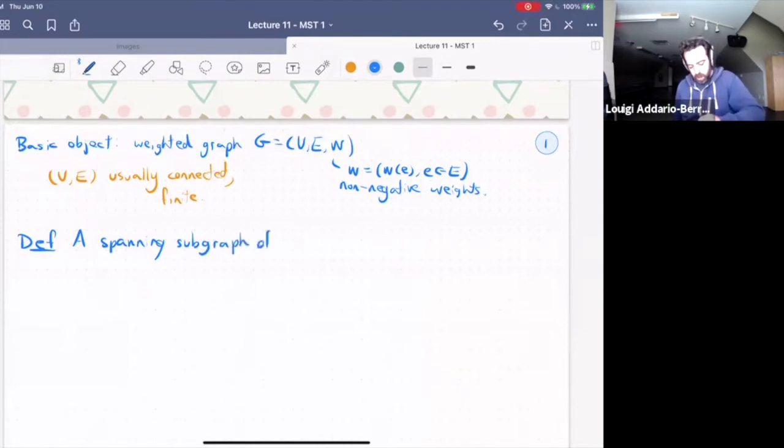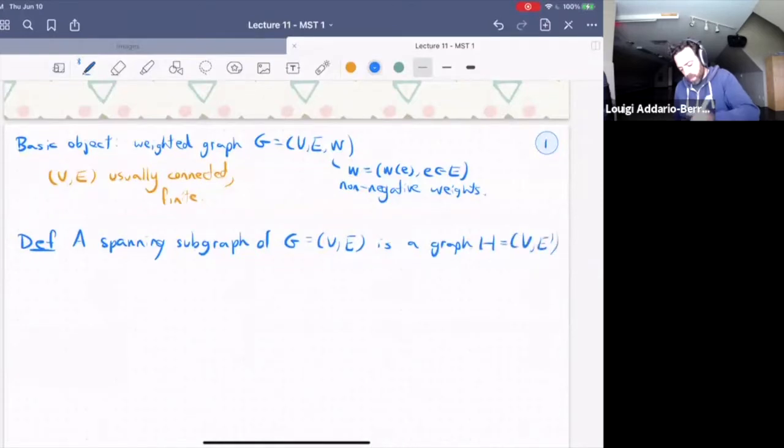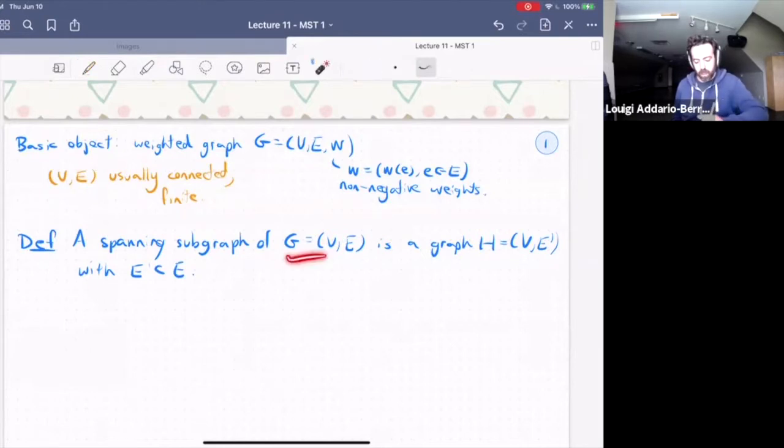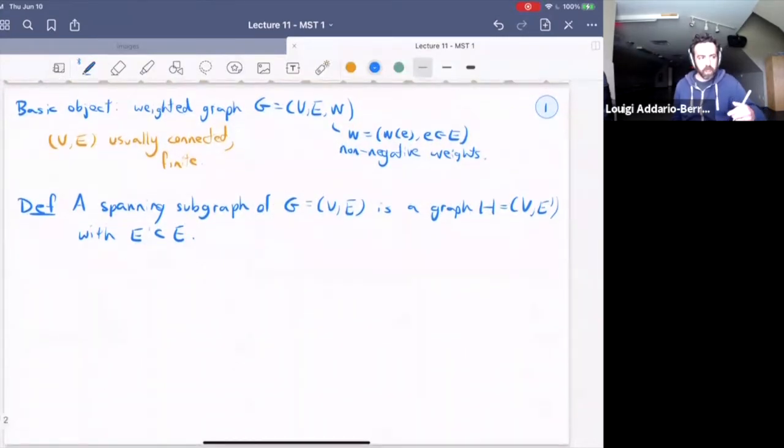So that's a graph H, which is (V, E') with E' contained in E. Okay, so there's no requirement for a spanning subgraph to be connected. Indeed, in this definition, there's no requirement that G is connected. It just says keep all the same vertices and keep as many or as few of the edges as you like, but you're not allowed to add in any edges that weren't there in the first place.